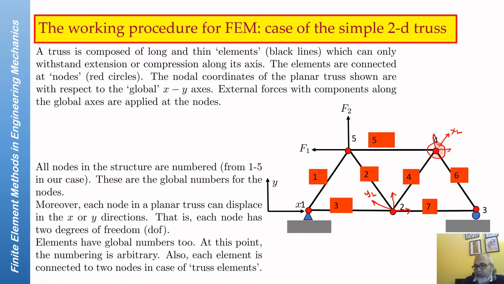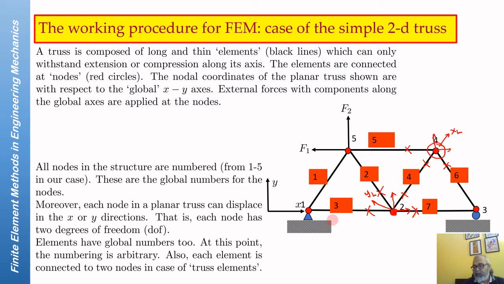So when you try to apply a force at node 4 in the x or y directions, then the motion of node 4 depends on the stiffnesses of element 5, element 4, and element 6.